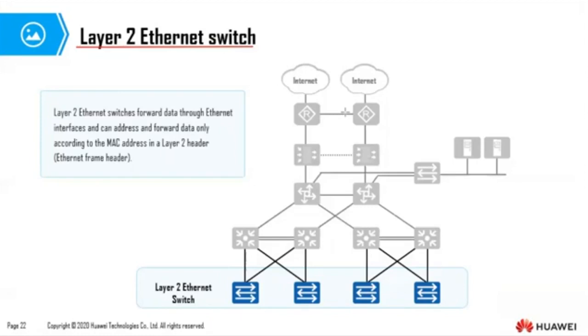So why do we call them layer 2? Because they work at the data link layer of the TCP/IP model. And therefore, they forward data based on what? Based on the MAC address.